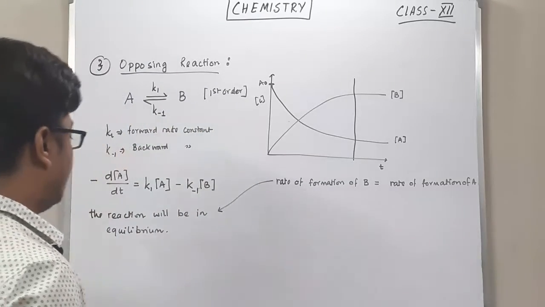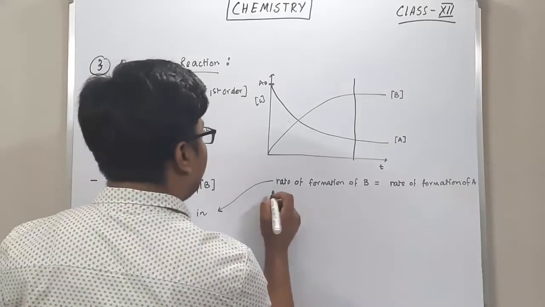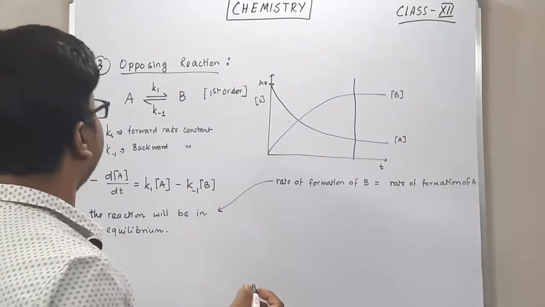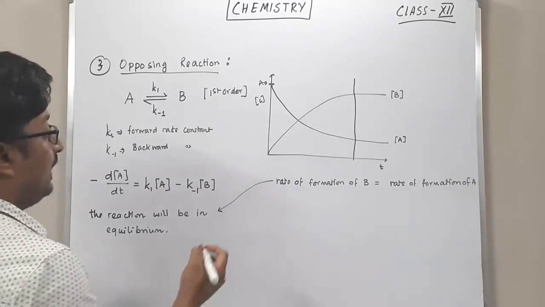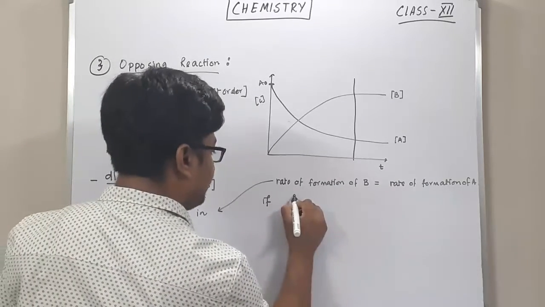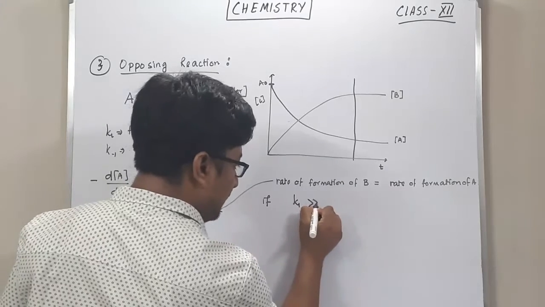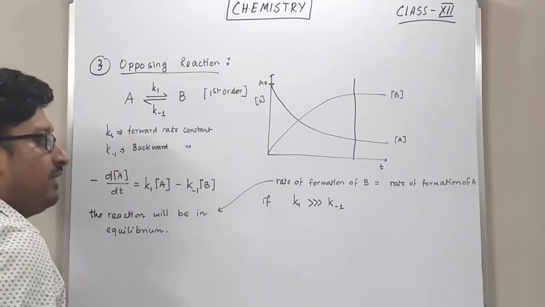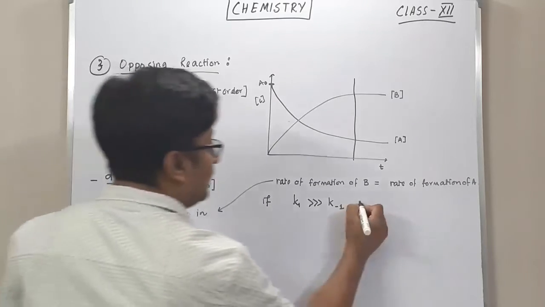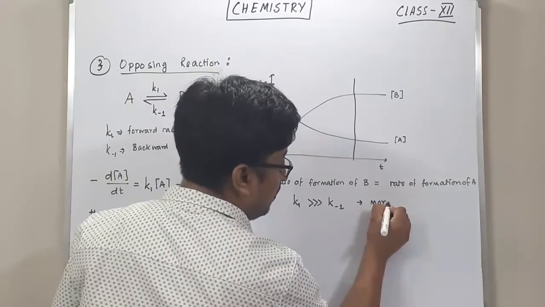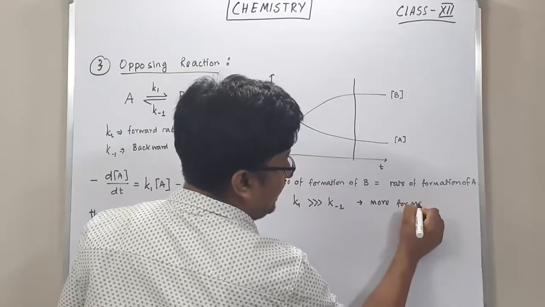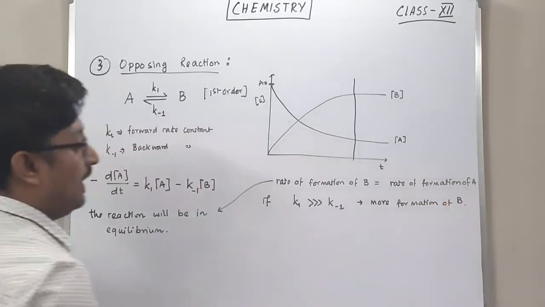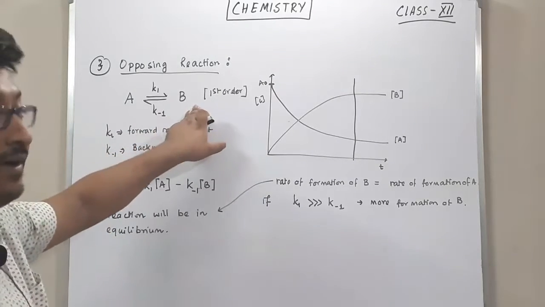Acha. So at equilibrium, the change in free energy is basically 0. Now if your K1 is much larger than K minus 1, that means more formation of B takes place, and that means more forward reaction.